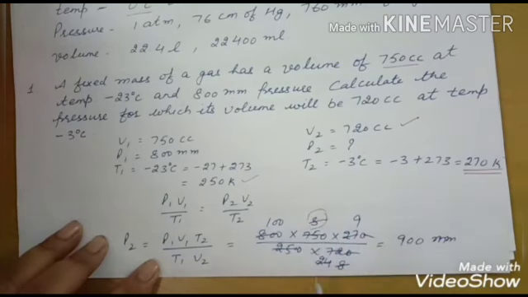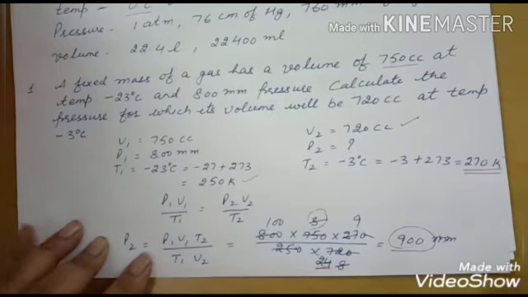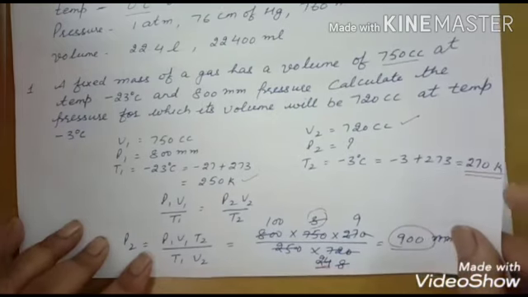Now 3 cut with 720, 72, this will come as 24. And now this 24 will cut as, 3 9s are 27 and 3 8s are 24. And 8 is going to cut with 800 by 100. Ultimately, the answer comes as 900 mm of mercury.